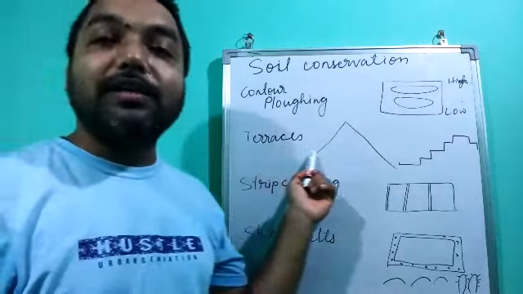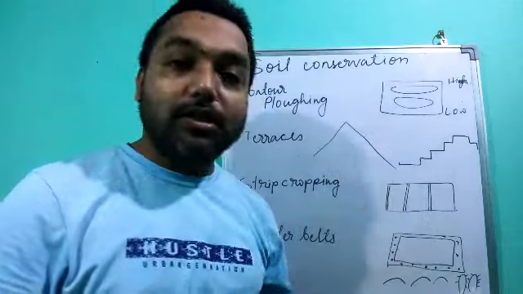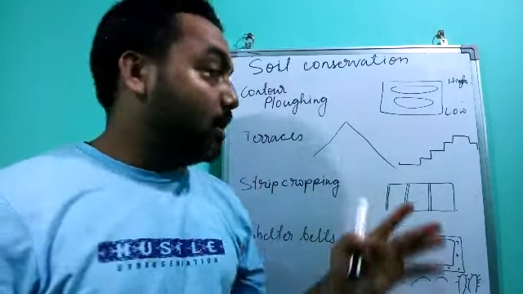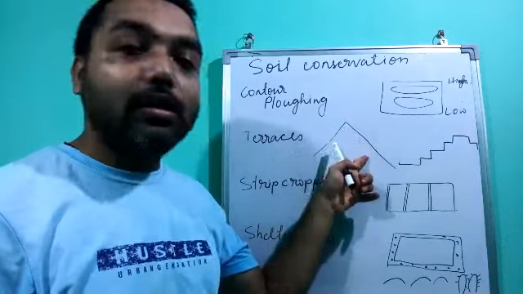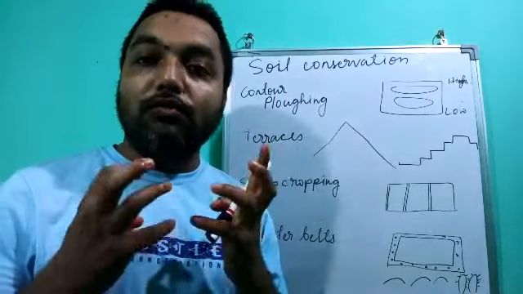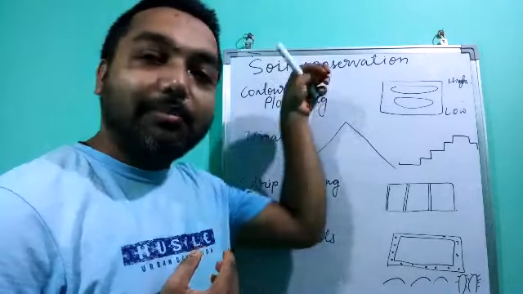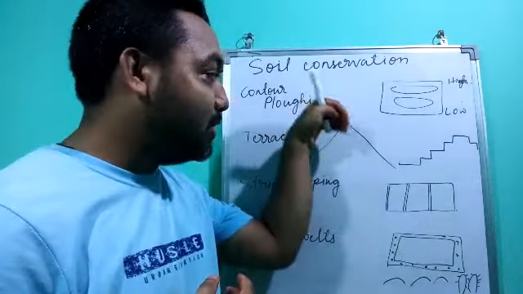Second is terrace cultivation. If in the mountainous region someone wants to do cultivation in this way, then while plowing, the top layer of the soil will be loosened. Then when rainfall takes place, the whole part of the soil will go.